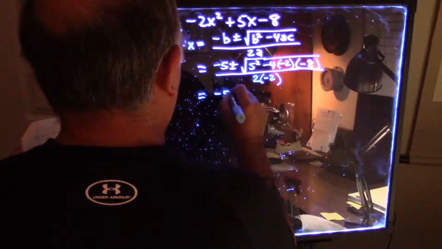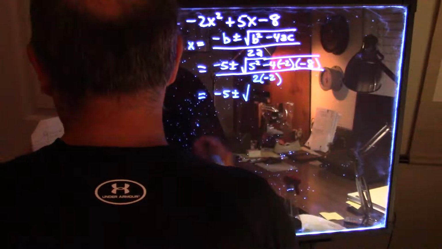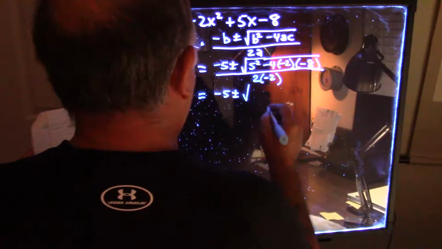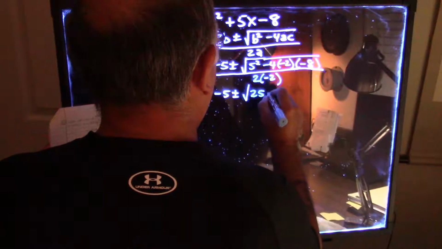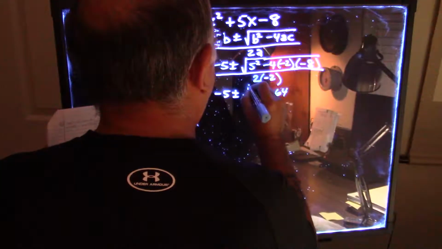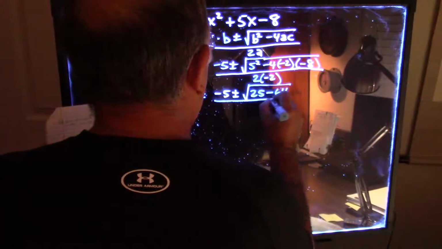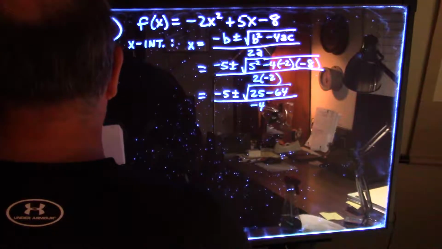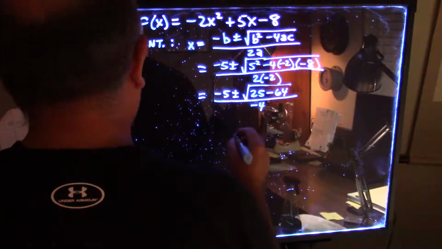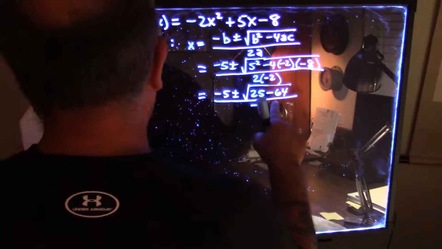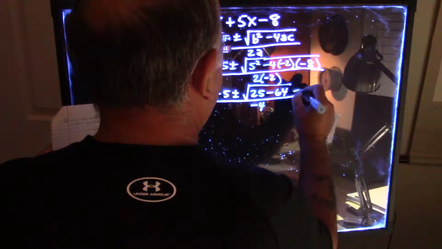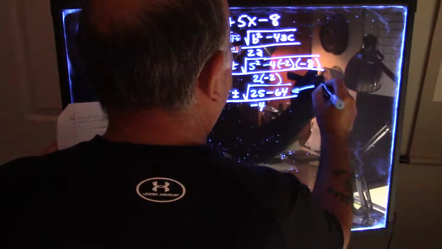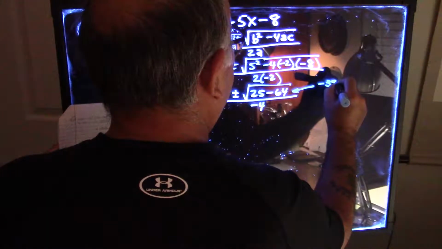So that's negative 5 plus or minus the square root of 25 minus 64 under the radical, over negative 4. This turns out to be negative 39. I'll just put an arrow there. That is negative 39. Okay.